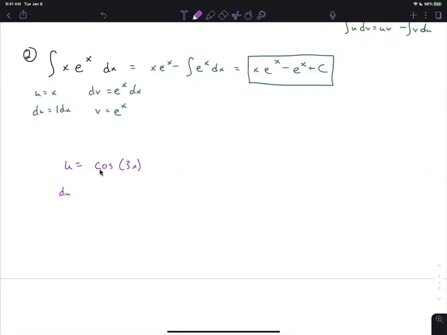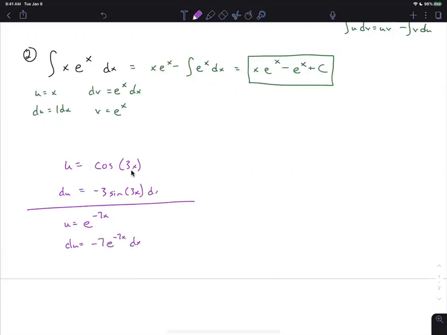So if we take the derivative of cosine without 3x in there, what would that be? Negative sine, right? And so this is negative sine of 3x, but then times 3 because of the chain rule. Does that make sense to everybody? So real fast, if u is cosine of 3x, du is negative 3 sine of 3x. If we have a different problem where u is e to the negative 7x, du is negative 7 e to the negative 7x dx, on both of these because of the chain rule. Does that make sense to everybody?